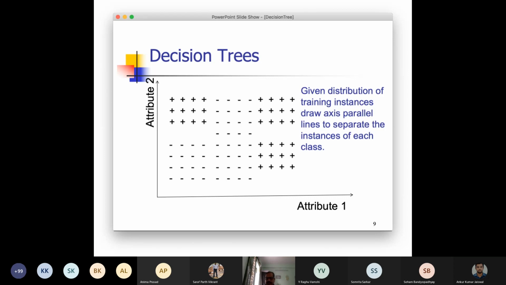Here, with respect to this example, let me explain some of these issues. Once again, we consider the rectangle learning case, that is, multiple rectangle learning in a decision tree. You have attribute 1, which you can consider the x coordinate, and attribute 2, which is the y coordinate of a point.